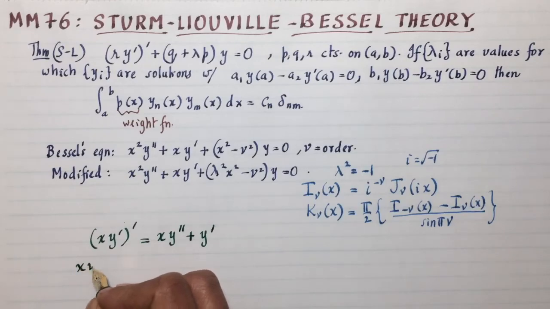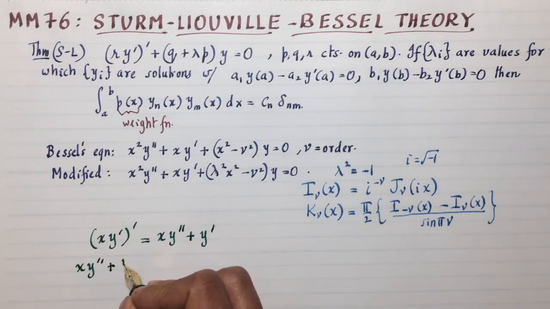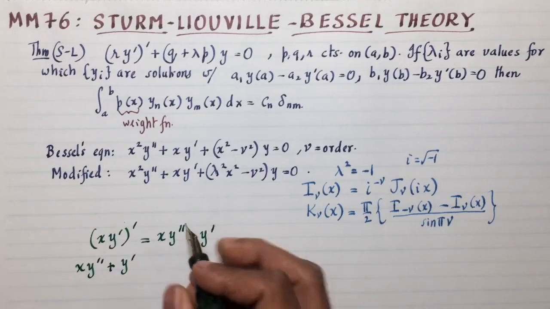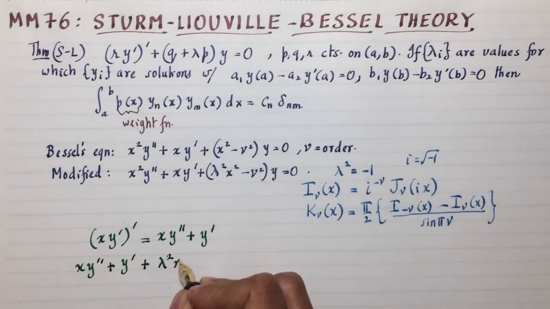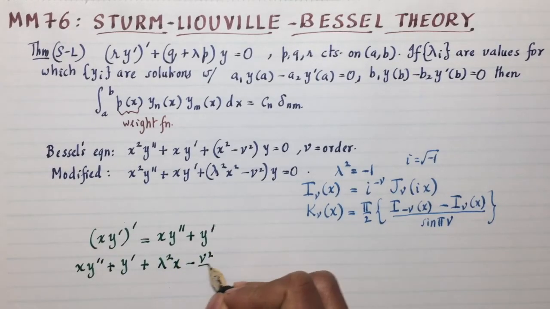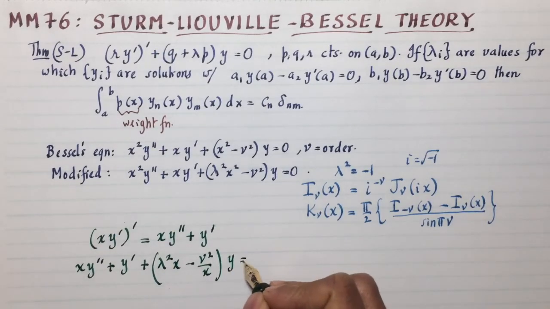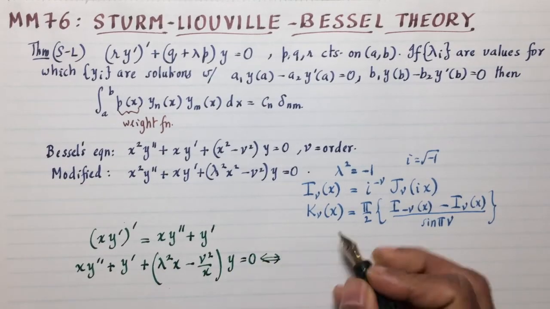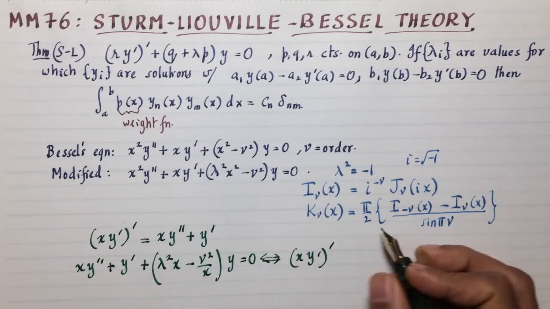So I get x y double prime plus y prime. Now it looks just like that. But then the price I have to pay is to write this as lambda squared x minus nu squared over x, y equal to 0. And now it starts looking more and more like our Sturm-Liouville problem.